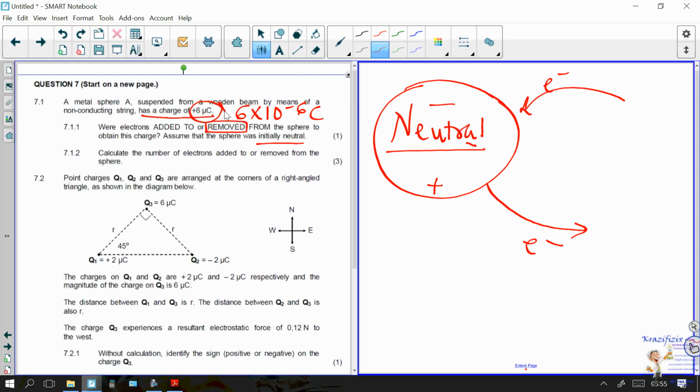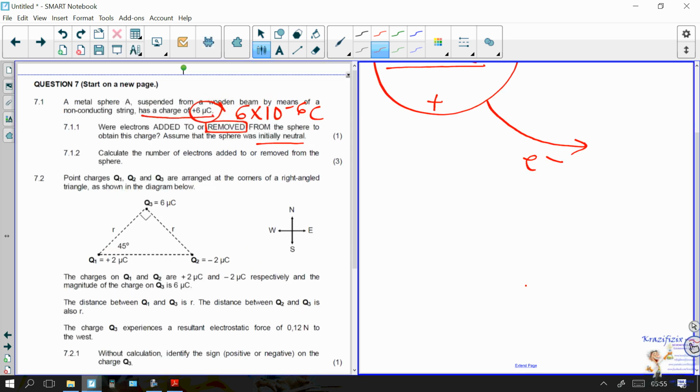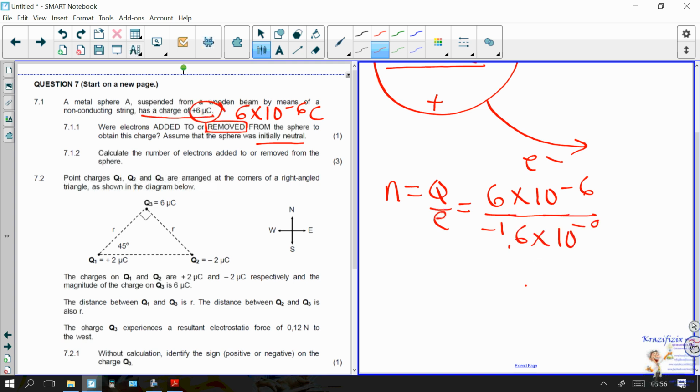We're talking about the number of electrons. Video number 1, grade 10. n equals Q over e, and that is 6 times 10 to the power negative 6 over negative 1,6 times 10 to the power negative 19. The negative, you will see what it will actually help us to do.